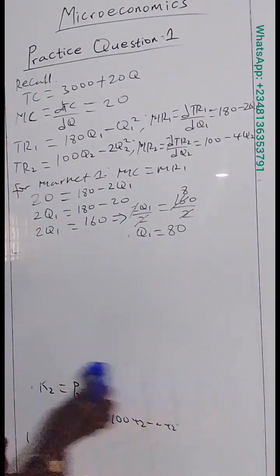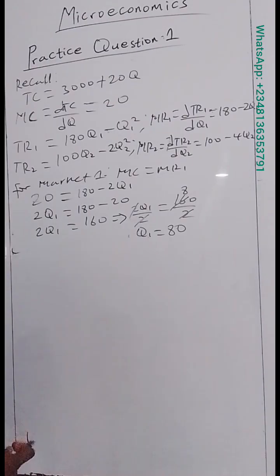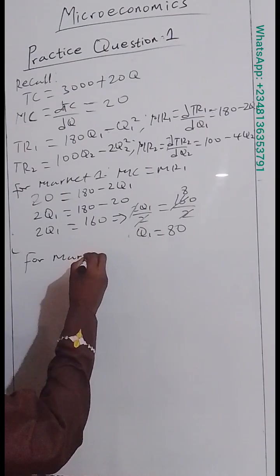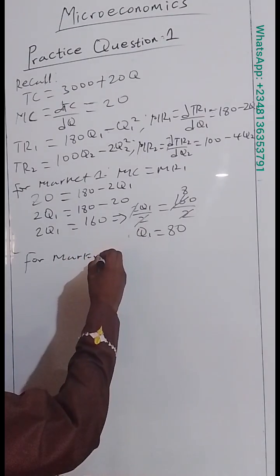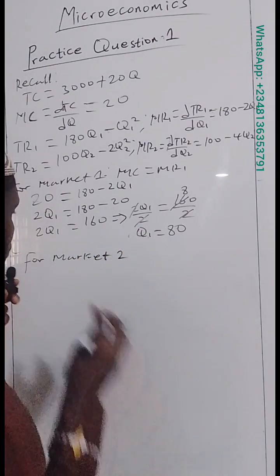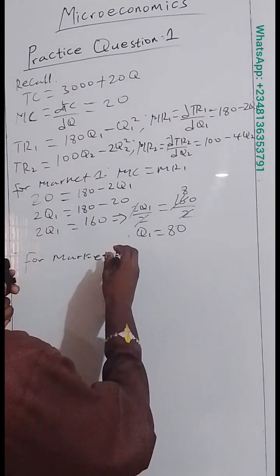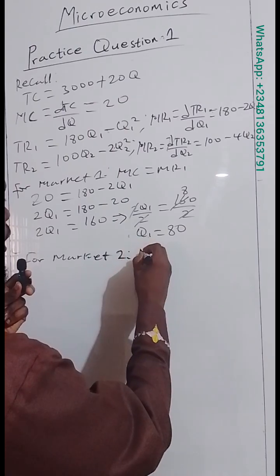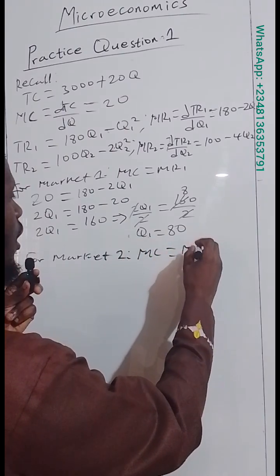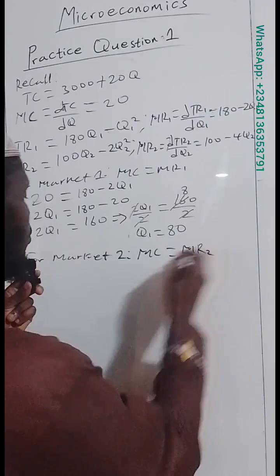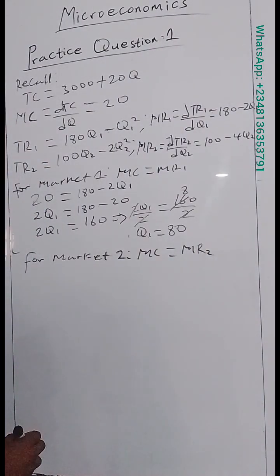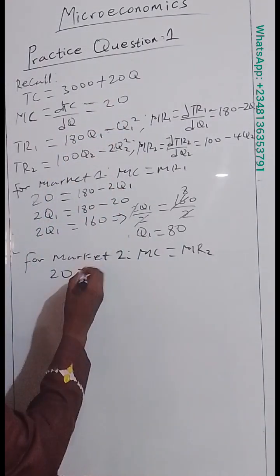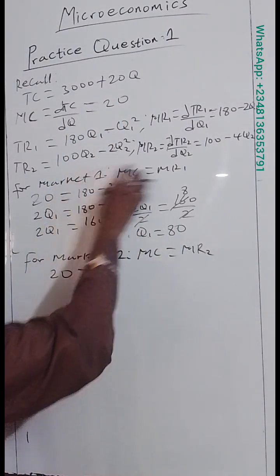Also, we need to find the total output sold in market 2 now. By applying the same rule, that is the profit maximization rule, for market 2 we have MC equals MR2. What's our MC? Our MC, don't forget, is 20. Then it equals MR2. What's our MR2?